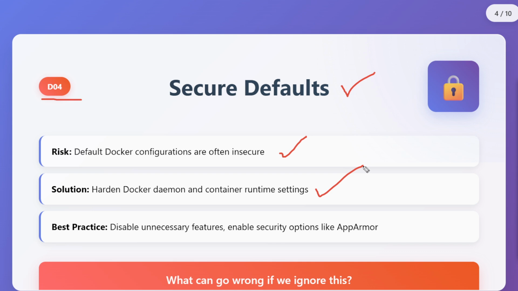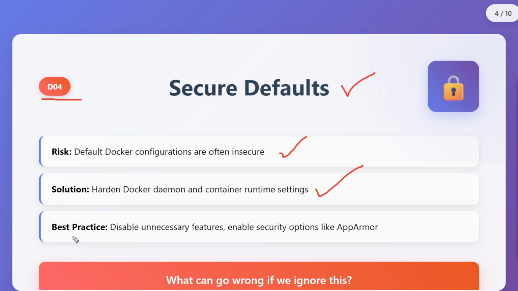So here we need to review and lock down your Docker daemon settings, and we need to disable risky options, especially arguments in the Docker commands like --privileged, restrict capabilities, and enforce secure runtime parameters while using commands.